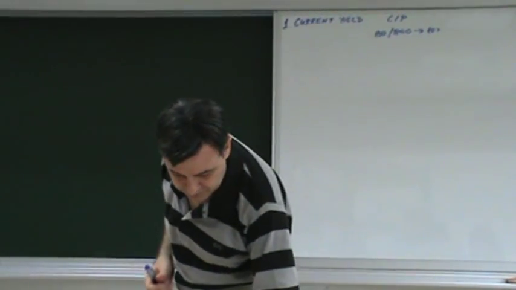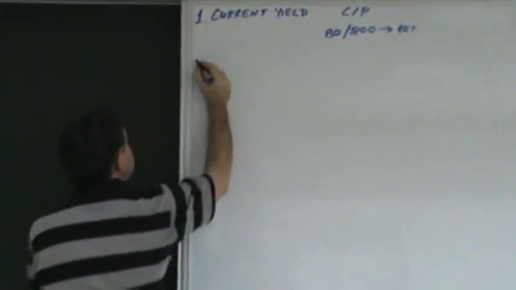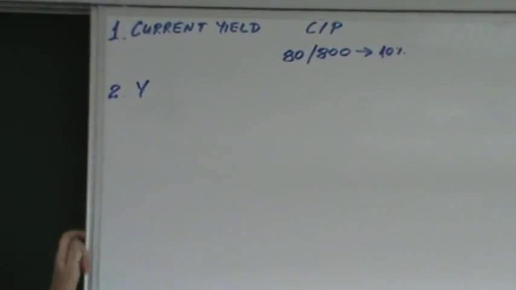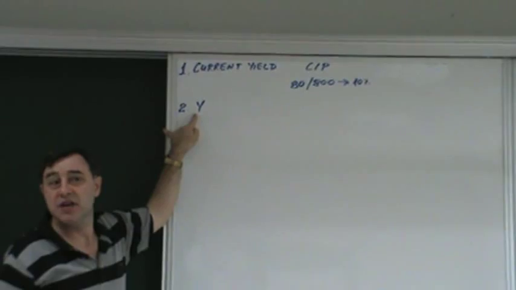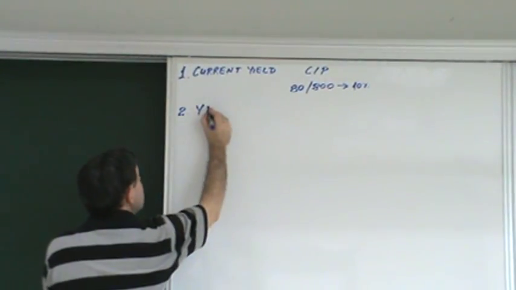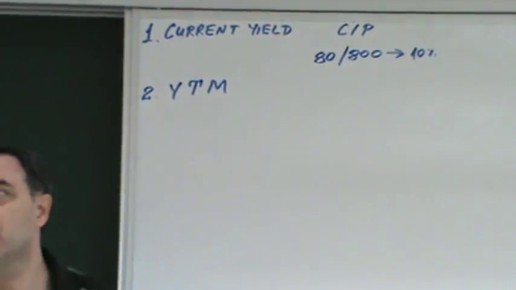Number 2, yield to maturity. Yield to maturity has a special abbreviation, YTM.